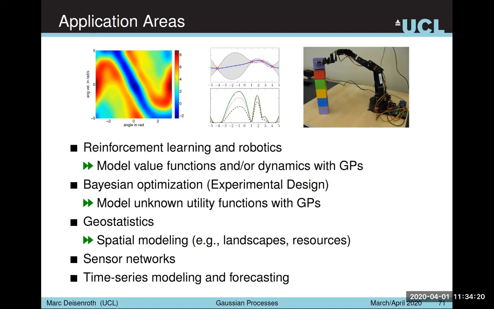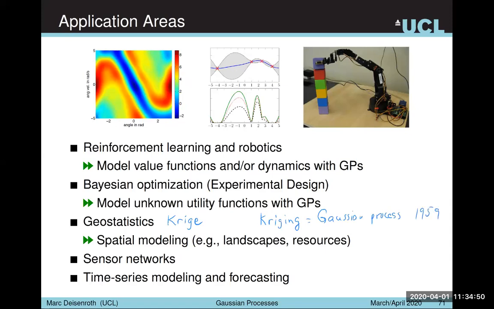I think it's spelled like this. And so in the geostatistics literature, it's also called Kriging. So Gaussian process modeling is also called Kriging, and this, I think, came from 1959.